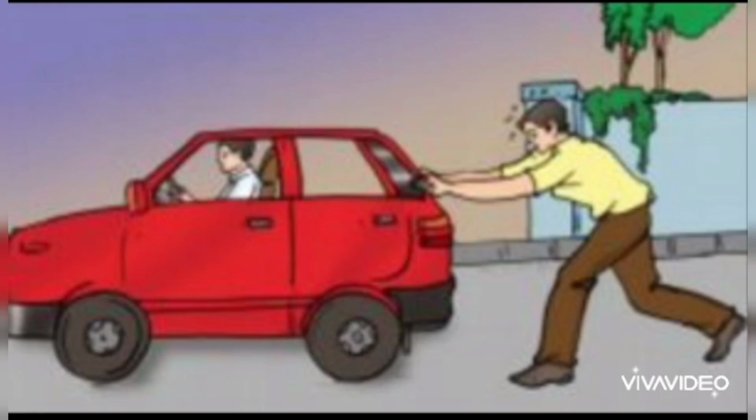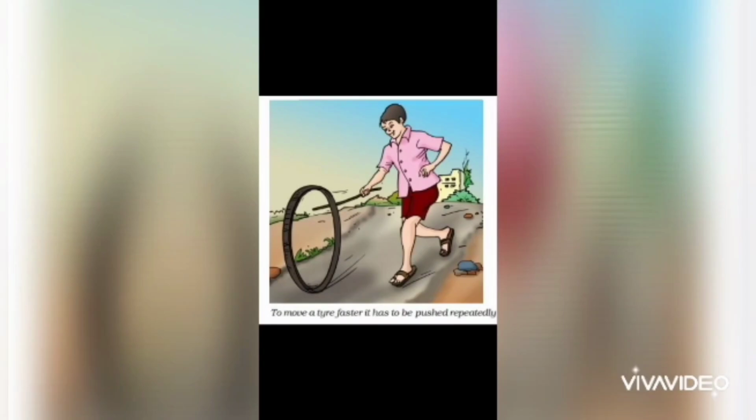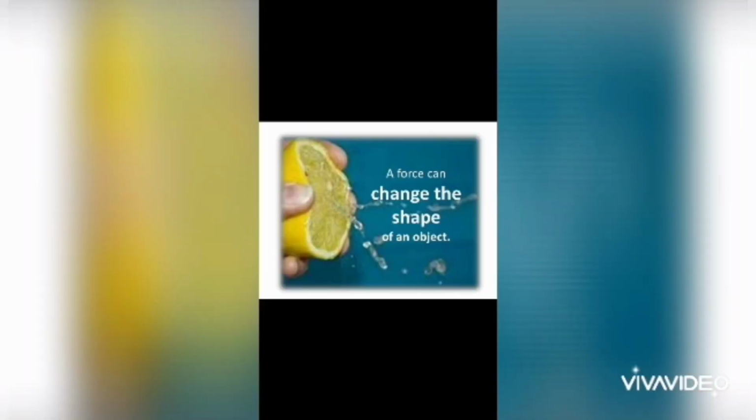All the actions we discussed, that is pushing the car, catching the ball, pressing the balloon, hitting the ball, moving the rubber tire, all these actions happen due to the action of force. Isn't it? When the force does not act in these situations, these actions will not happen.